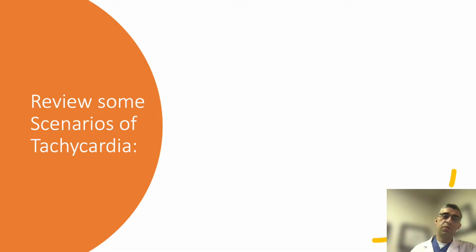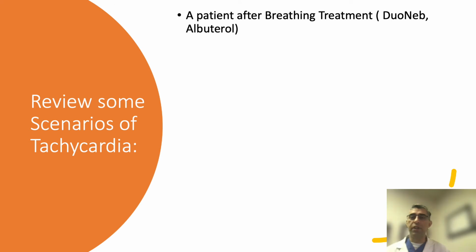Let's review some scenarios about tachycardia. A patient has a breathing treatment, as I said, the medication. The number one medication that we use a lot in the nursing home is a breathing treatment, DuoNeb, albuterol. They can increase the heart rate. That's important because when you have a patient with a breathing treatment and the heart rate goes fast, you don't need to panic. You don't need to call the doctors at 2 o'clock saying, oh my God, the patient's heart rate just went to 110 right now.